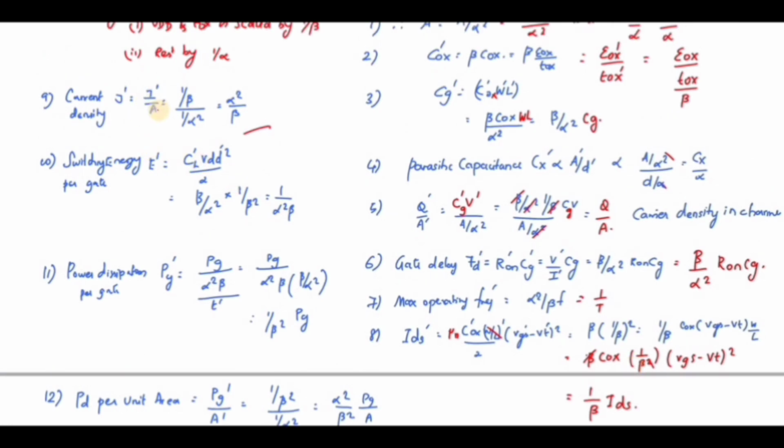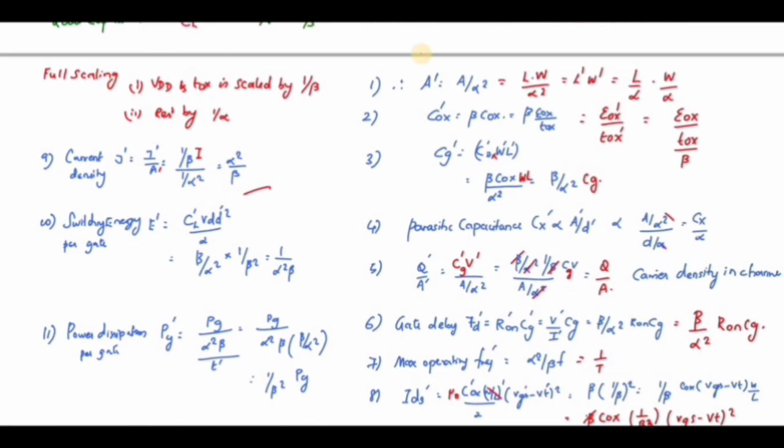Next, current density. Current density is nothing but I by A bar. So this is 1 divided by beta into I, and A I can write as A divided by alpha square. So you can write it as alpha square by beta into J. Next, energy. Energy I can write as CL bar VDD bar the whole square divided by 2.